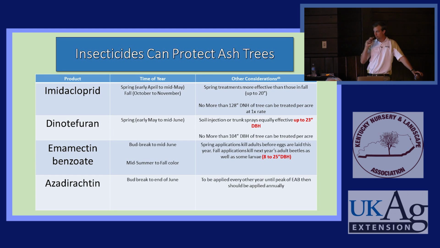So we're going to do spring injections. We'll kill the adults before their eggs are laid, similarly to how these two work. And if we do it later in the season, it'll kill next year's adult beetles, as well as some larvae, because there's some residual in the trunk of the tree.